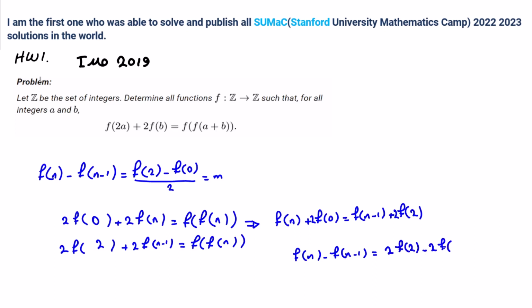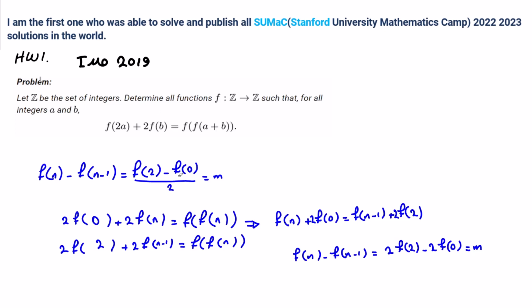I think, let's say 2f(2) plus f(n minus 1) is equal to f(n) plus 2f(0). So f(n) minus f(n minus 1) is 2f(2) minus 2f(0). So it is not over 2, it is times 2, right? Mm-hmm.